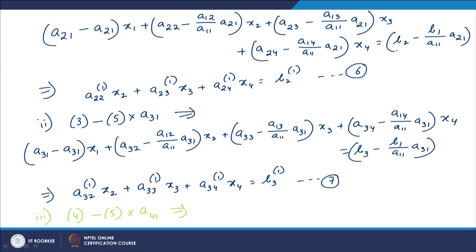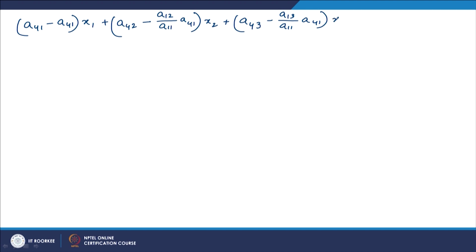We get A41 minus A41 into x1, plus A42 minus A12 by A11 into A41 x2, plus A43 minus A13 by A11 into A41 x3, plus A44 minus A14 by A11 into A41 x4, equal to B4 minus B1 by A11 into A41.